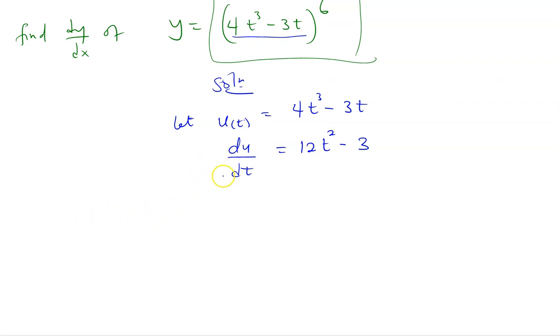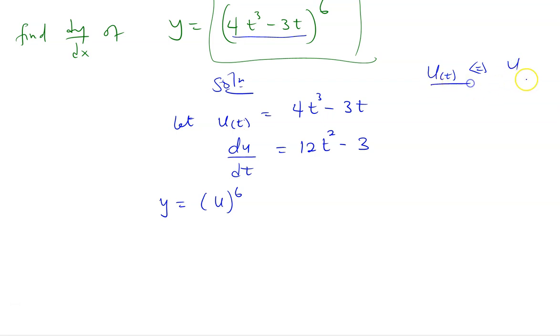So now we have du on dt. So what is going to be our y now? Our y will be equal to u exponent 6, because we made it clear that the u of t is given by 4t cubed minus 3t. Take note, they are the same.